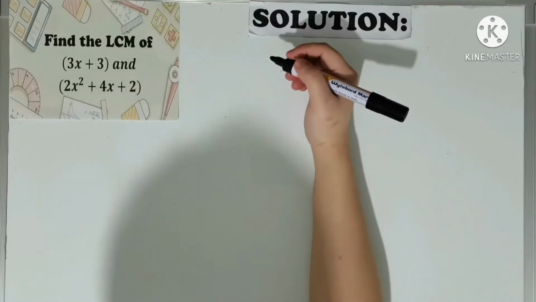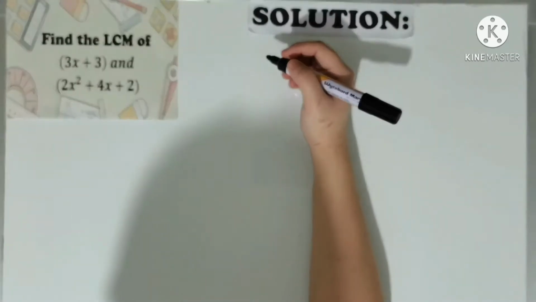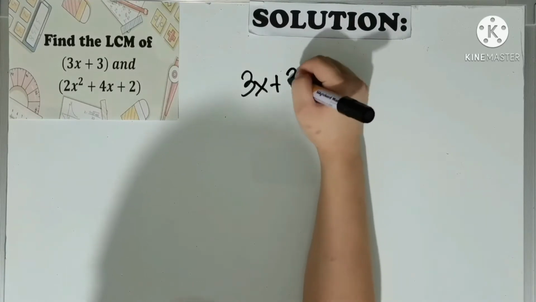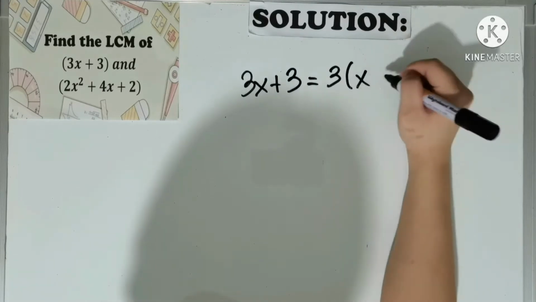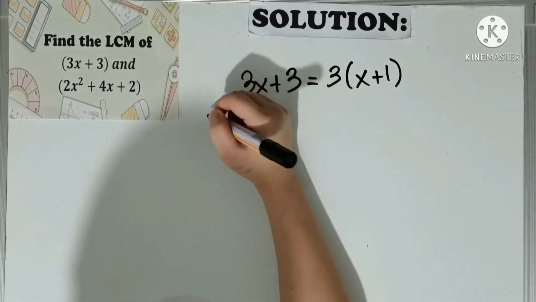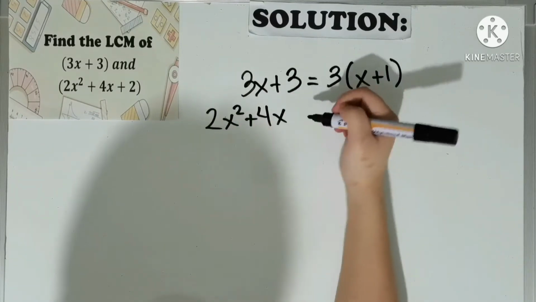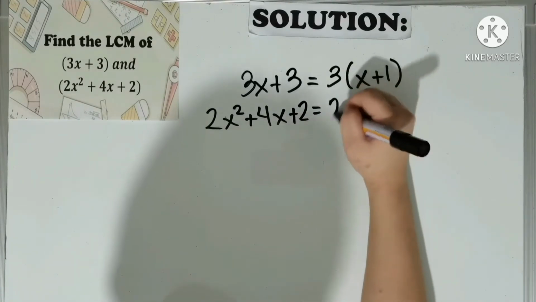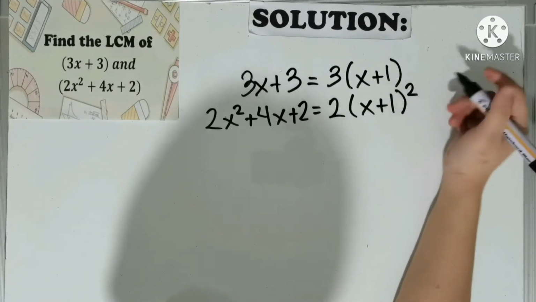Find the LCM of 3x plus 3 and 2x squared plus 4x plus 2. First, let us factor each completely. The factors of 3x plus 3 is 3 multiplied by the quantity x plus 1. And the factors of 2x squared plus 4x plus 2 is 2 multiplied by the quantity x plus 1 raised to 2.